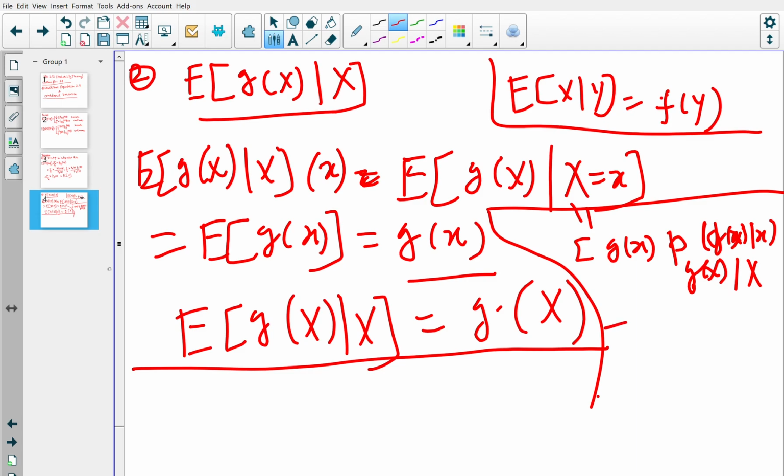This value at point x is taking this, so yes, this should be this.